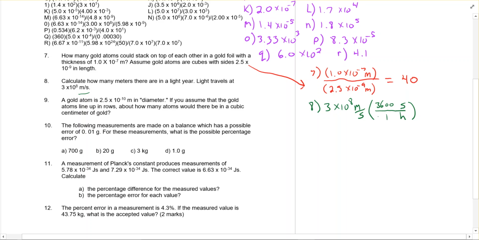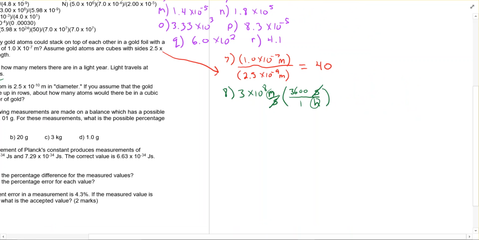Okay, so now if I multiply by that factor, seconds will cancel with seconds. And now my units are in meters per hour. So that's going to tell me how many meters it goes in 1 hour. And I'm still not quite sure how many hours there are in a year either, but I do know how many hours there are in a day.